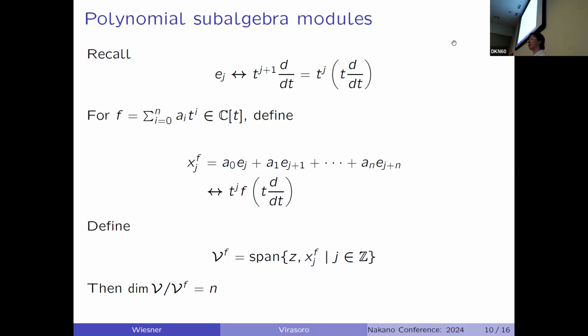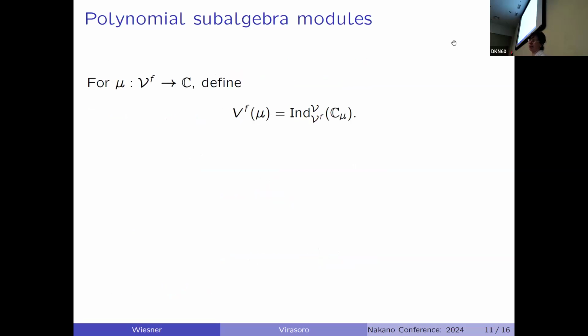All right, so we have a subalgebra. Again, what's the standard thing to do? We take some nice small module for the subalgebra and induce it up to the full algebra and see what we get for modules. So that's this construction here.